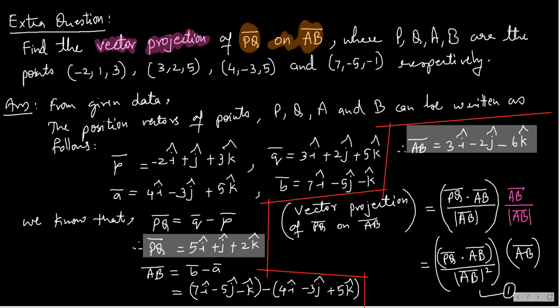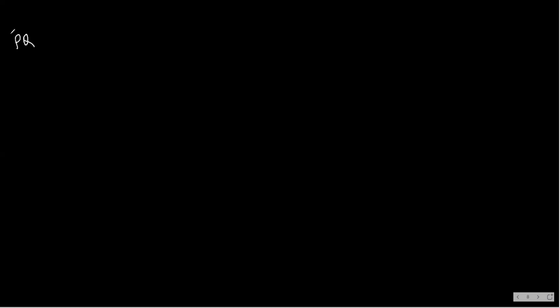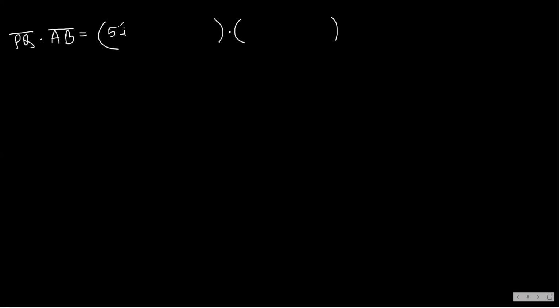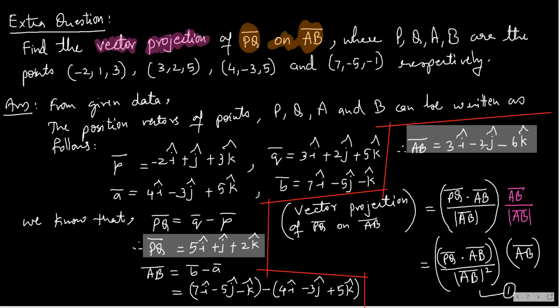So let us first go for PQ bar dot AB bar. PQ bar you obtained, AB bar also you have obtained. PQ bar is 5I cap plus 1J cap plus 2K cap. And AB bar is 3, minus 2, minus 6.